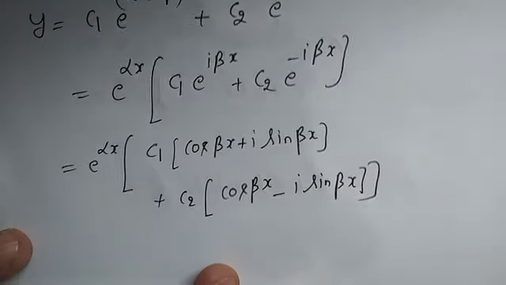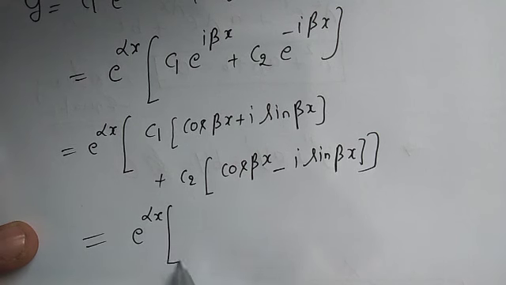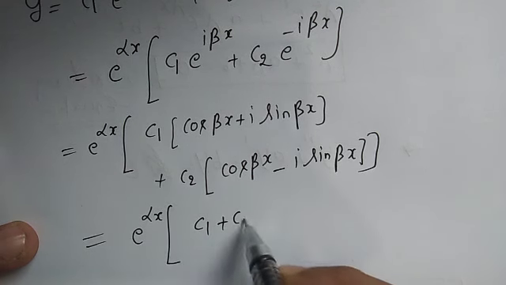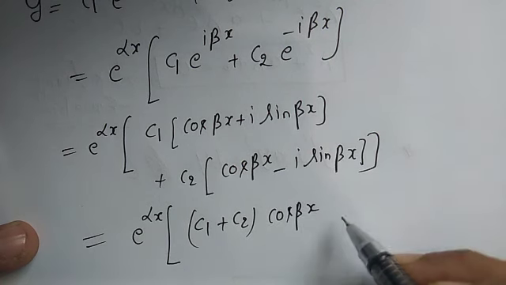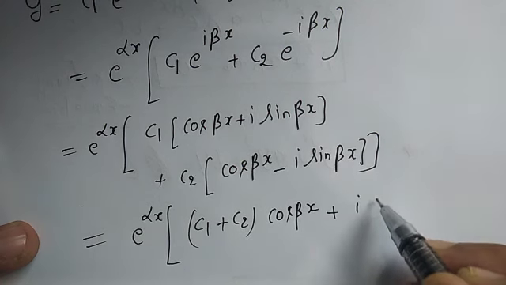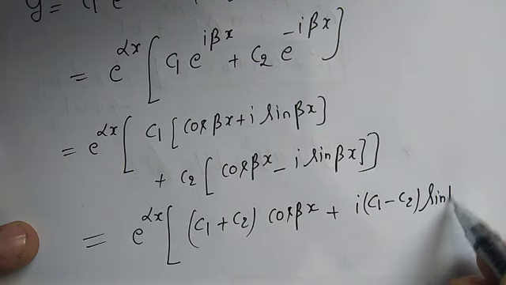Then if you simplify, we get e power alpha x [(c1 plus c2) cos beta x plus i (c1 minus c2) sin beta x].